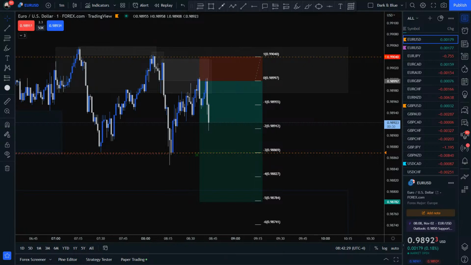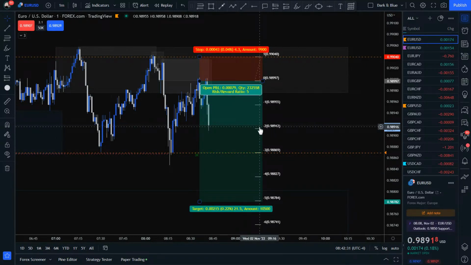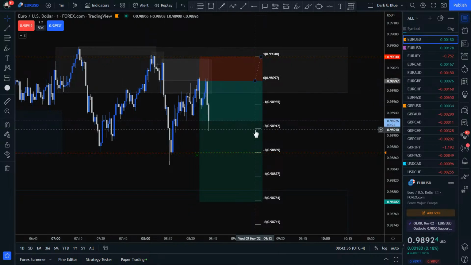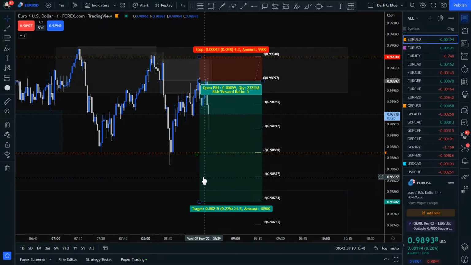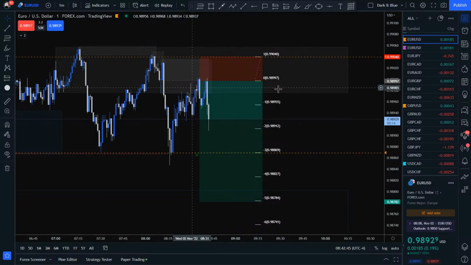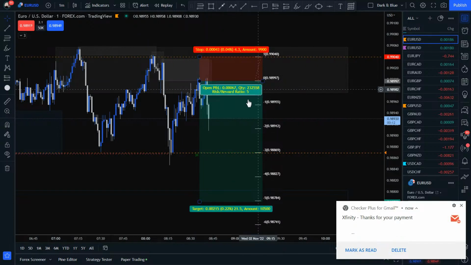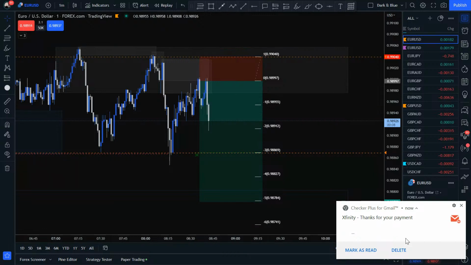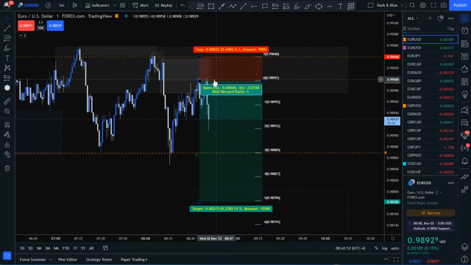Okay. So we're at 2R. If you'd like, take a partial. You want to make sure you pay the trader. Paying the trader is important. Take profit, because if price comes back and hits your stop loss, you want to make sure that you've come out with something.